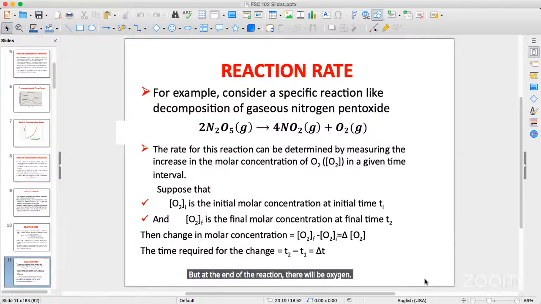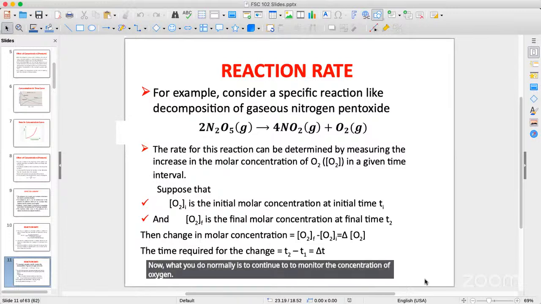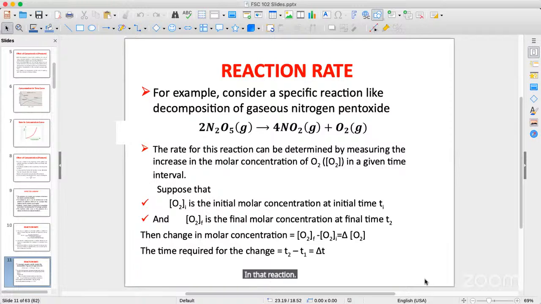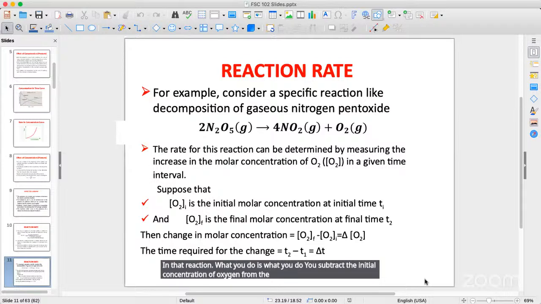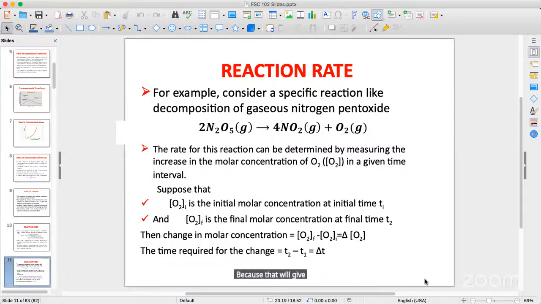Now, what you do normally is to continue to monitor the concentration of oxygen in that reaction vessel. So you subtract the initial concentration of oxygen from the final concentration of oxygen, because that will give you the amount of oxygen produced in the course of the reaction.